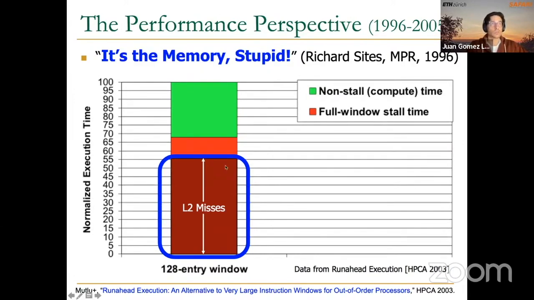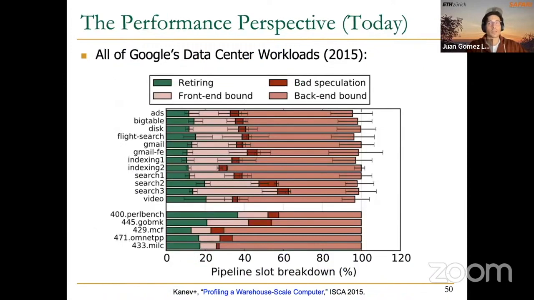In this case, this was a CPU with 2 levels of cache. And as you can see here, like 55% of the total execution time was spent on solving the L2 misses, which means that you miss in L2 and then you have to go to DRAM to bring the data to the processor. And this is in 2003, but probably it is even worse these days.